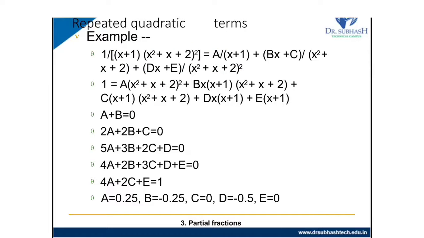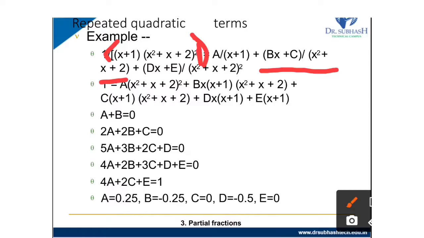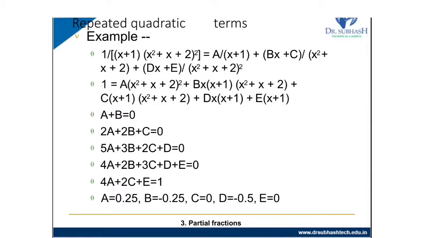So after multiplication, here is a upon x plus 1, so multiplying with this denominator, x plus 1 will be cancelled, so it is a multiplied by x square plus x plus 2 the whole square. Likewise for bx plus c, this denominator multiplied, so x square plus x plus 2 will be cancelled, so it will be bx plus c times x plus 1 times x square plus x plus 2, plus the last term dx plus e divided by x square plus x plus 2 the whole square.